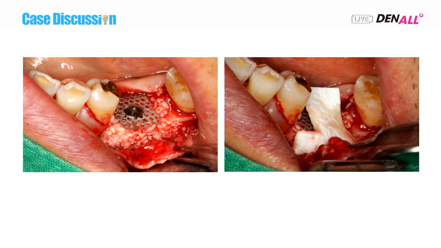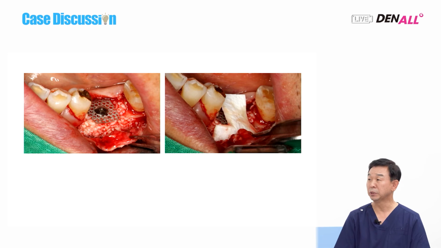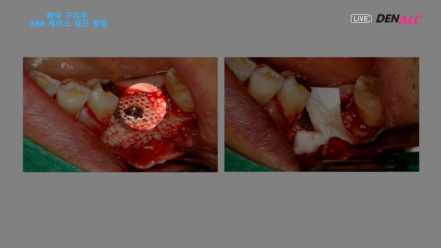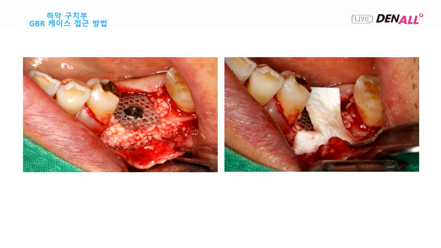At the same time, a type 3 smart builder is used. The smart builder doesn't cover the buccal or lingual side. The smart builder should play the role of a tent, and the resorbable membrane is placed on top of it.